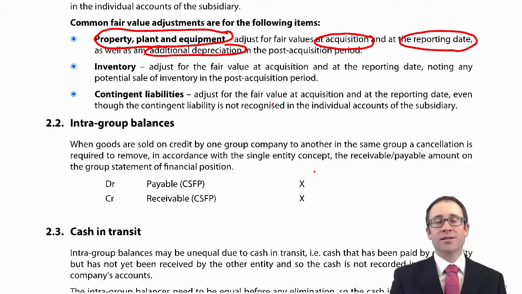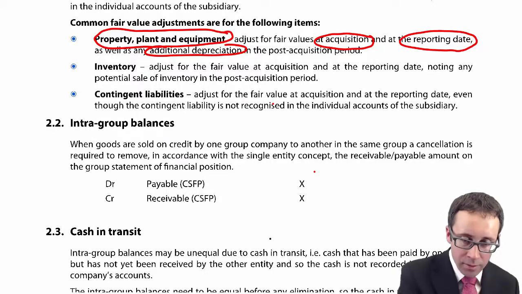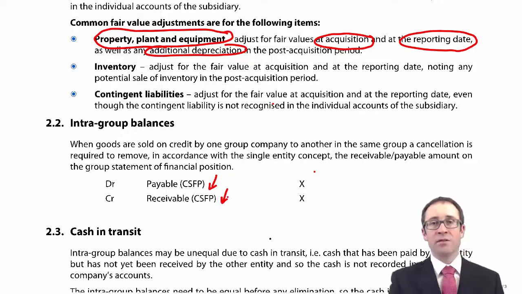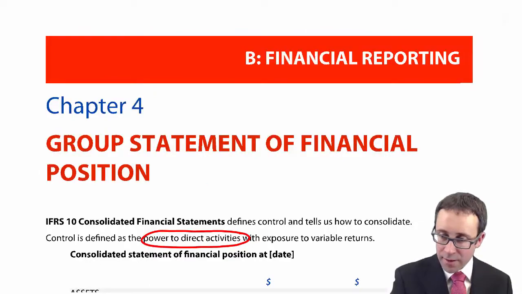So we need to eliminate the intracompany balances, and you debit the payable. So you reduce the payable on the face of the consolidated statement of financial position, and you reduce the receivable, don't we?